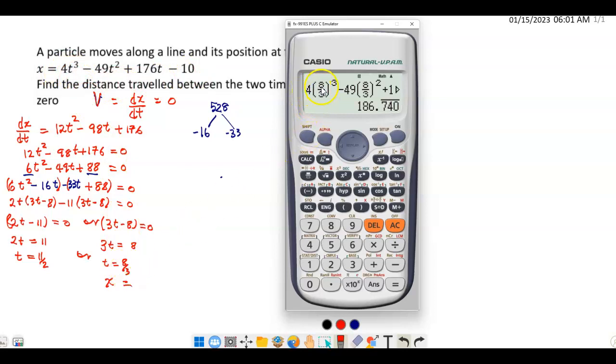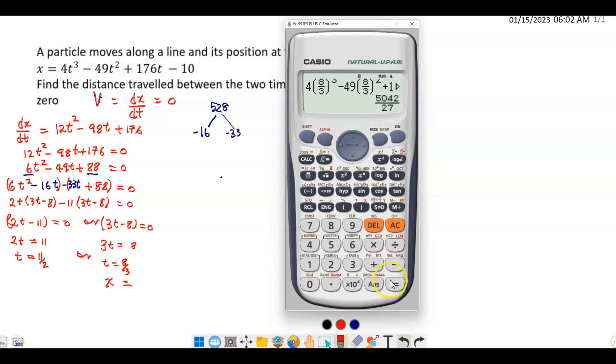So we would have 4 times (8 over 3) cubed minus 49 times (8 over 3) squared, plus 176 times 8 over 3, and minus 10.